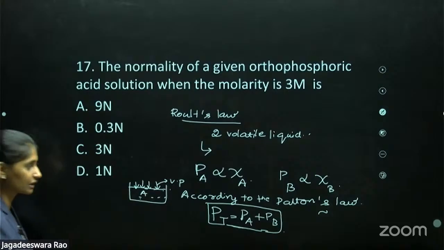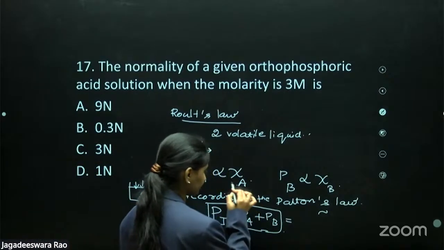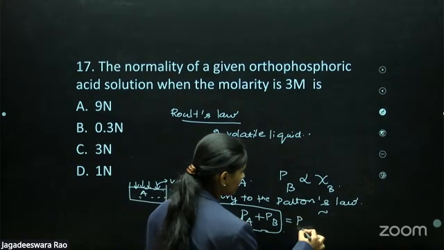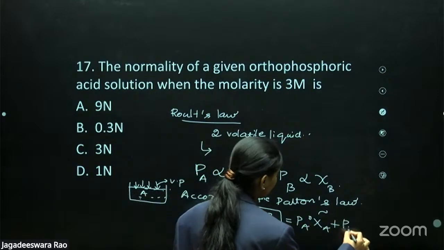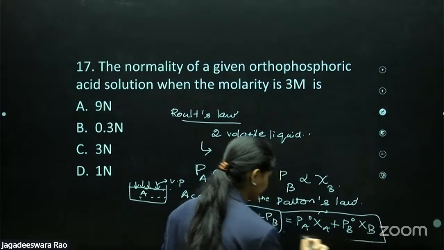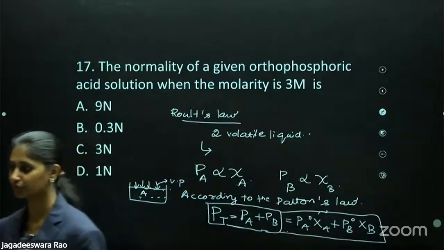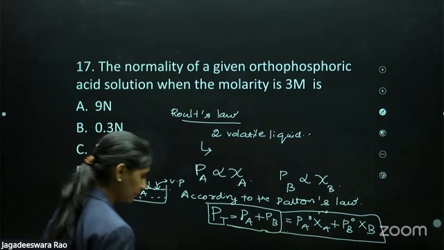Then PA, when you remove the proportionality, you get a constant, that is P naught A XA. Right, students? Then P naught B XB. Okay, make a note of this. That is, total pressure is equal to PA naught XA plus PB naught XB.